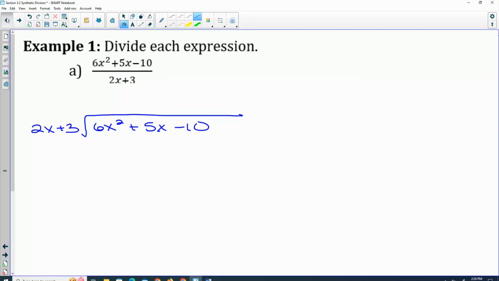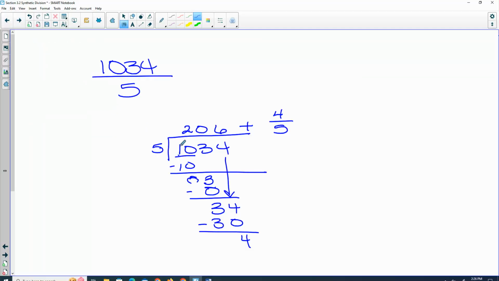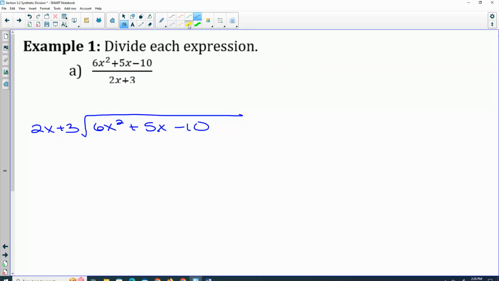We started out dividing. We couldn't do 1 divided by 5, so we did 10 divided by 5. Okay, can you do 6x squared divided by 2x? Yeah. What does that equal? 3x. Okay, so that's going to be the first thing I put up here. It really doesn't matter where you line it up. I'm just putting it above my x term to kind of help me keep track of things.